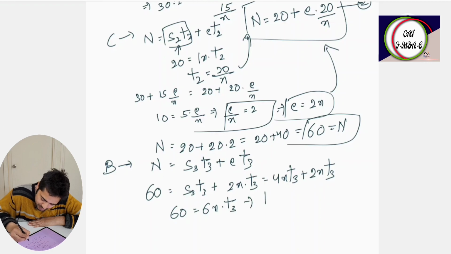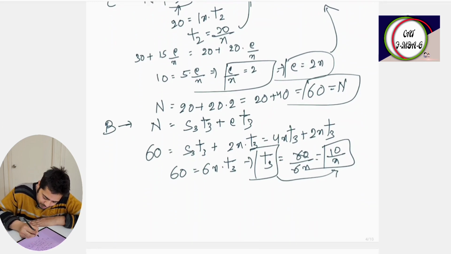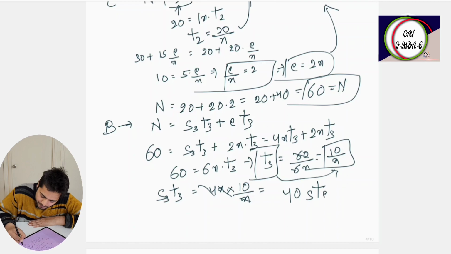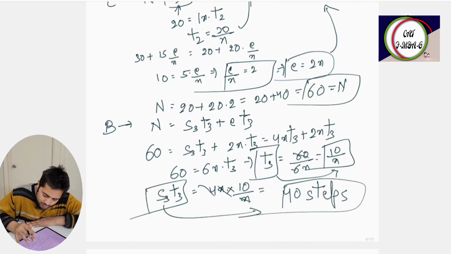That implies T3 is equal to 60 by 6x, which is 10 by x. So S3 into T3 is 4x into 10 by x, which is 40 steps.